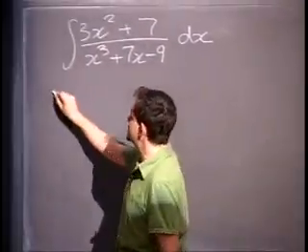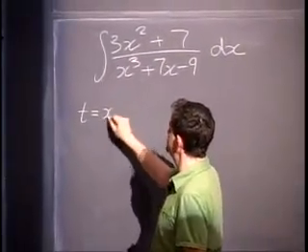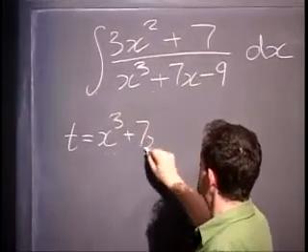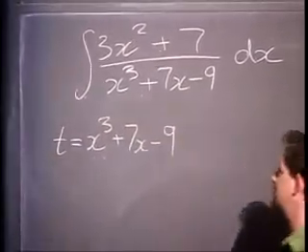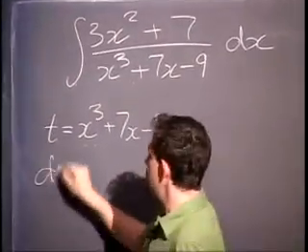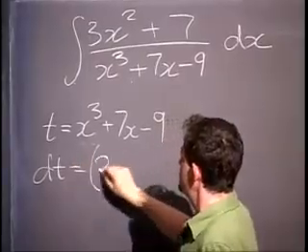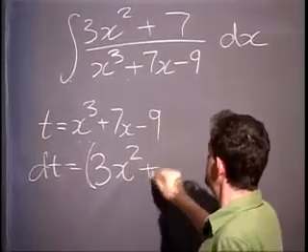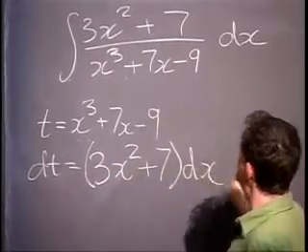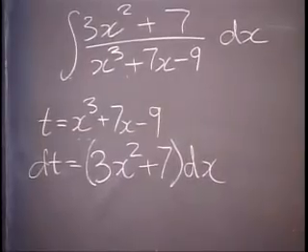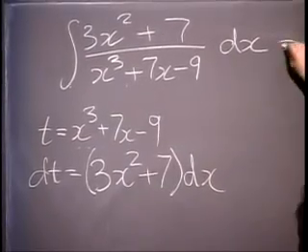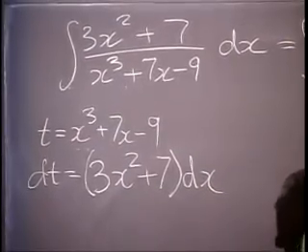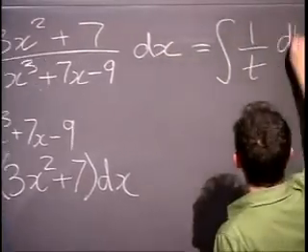If you just let t be the bottom, x cubed plus 7x minus 9, you find dt is 3x squared plus 7 dx. And hey, that's exactly what we have on the top. So this ends up becoming just 1 over t dt in t land.